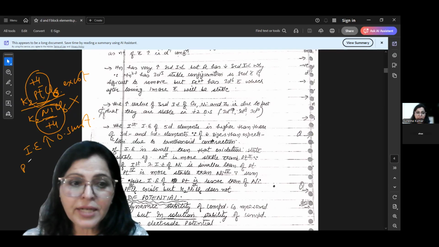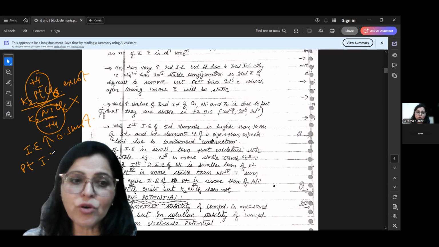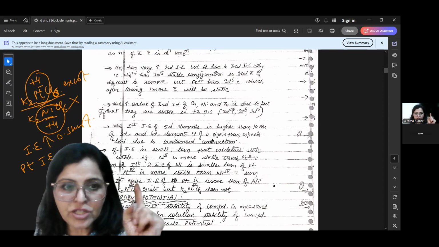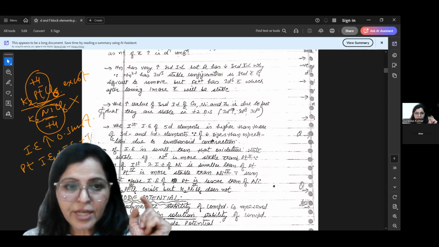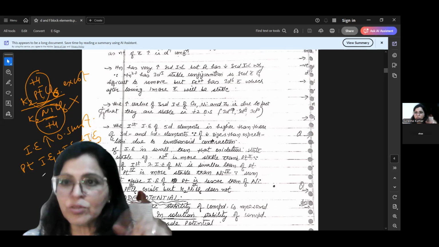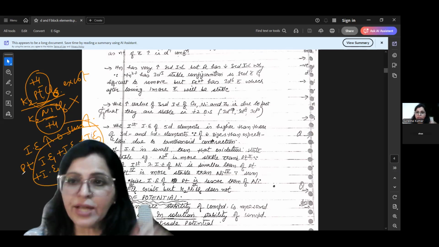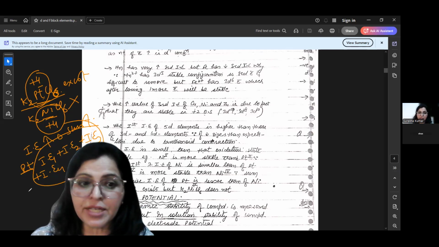Meaning, for platinum, the first 4 IEs: the energy required to remove one electron, the second electron, the third electron, and the fourth electron. The sum of the four ionization energies of platinum is less than that of nickel.